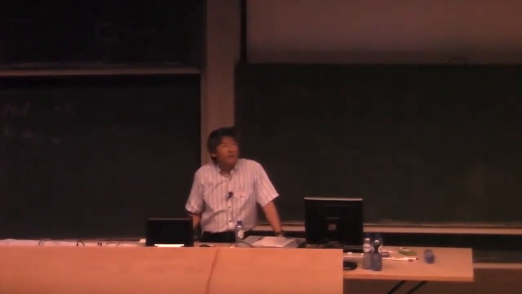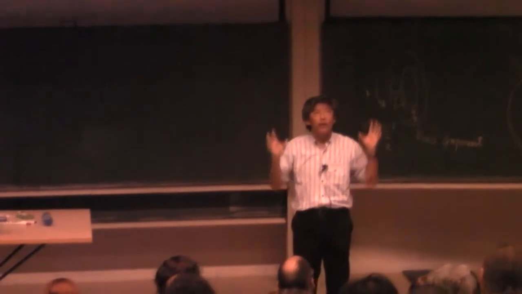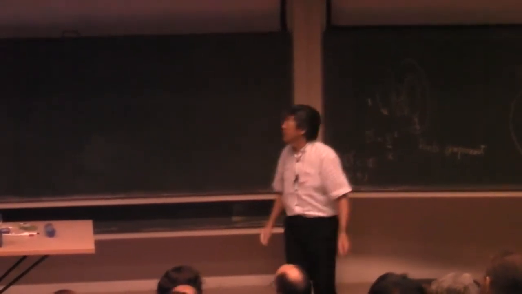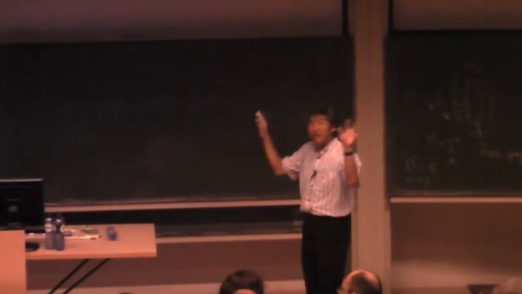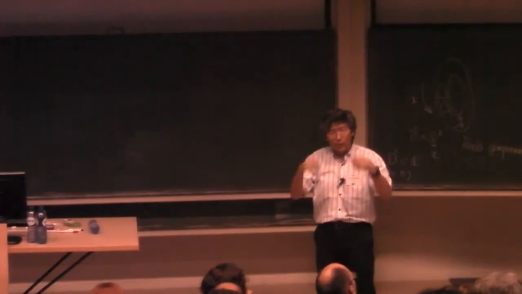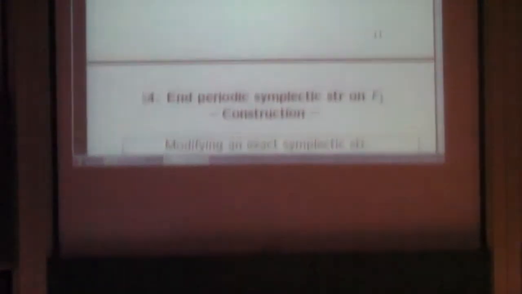I believe it's really rare that a Stein surface or Stein manifold admits an n-periodic symplectic structure. It's usually expanding, but we have to replace that natural one with some periodic one. That is the real problem of this problem.